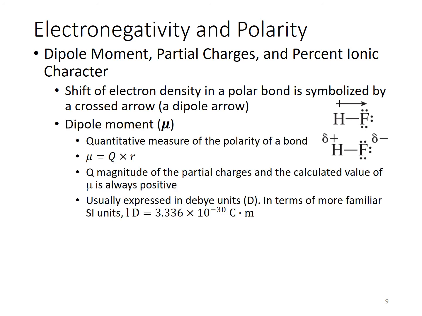Don't worry too much about a lot of these things, but we can actually quantify the dipole moment. It's a way to quantify that bond polarity. Again, that polarity is referring to how big of a partial positive and partial negative there is on those individual atoms. And they're expressed in Debye units.